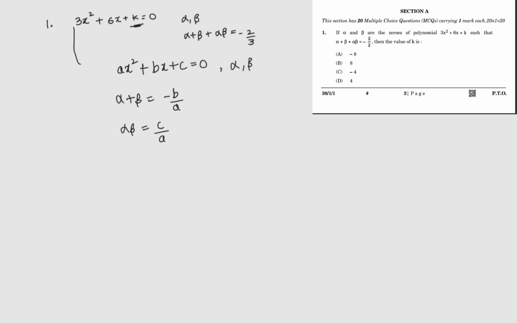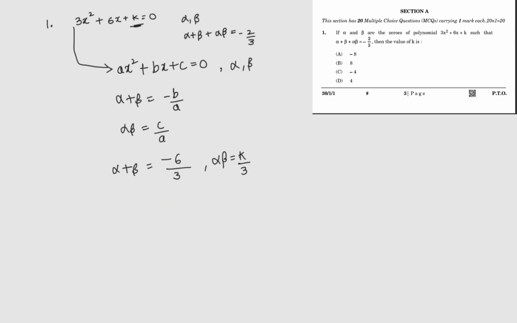Bringing this to this form, here the sum of roots alpha plus beta is equal to minus b by a, here minus of 6 by 3, and the product of roots is c by a, which means k by 3.